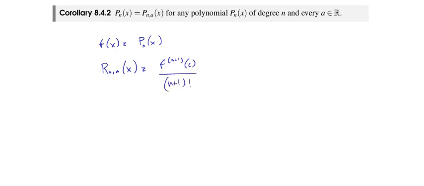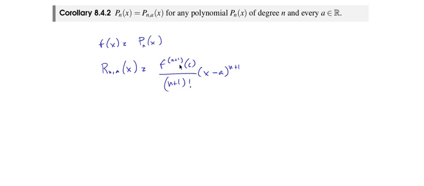So if you have the function f, which is a polynomial of degree n, then the remainder of the Taylor polynomial at x is going to be the n+1 derivative at some point c between a and x divided by (n+1) factorial times (x minus a) to the n+1, right?